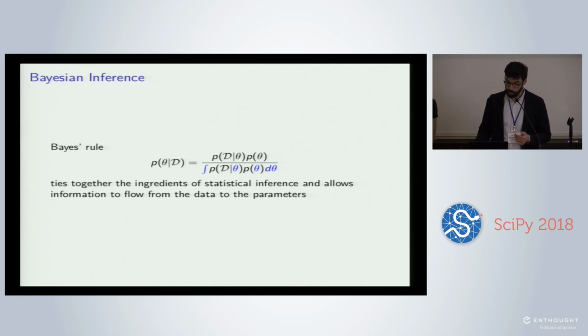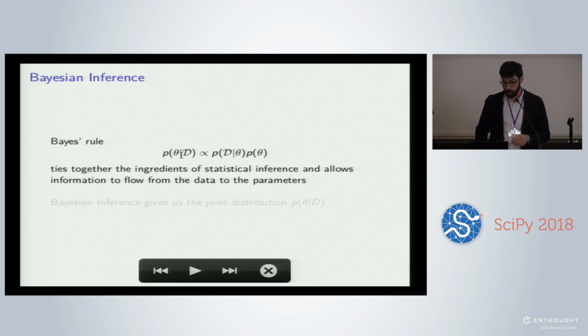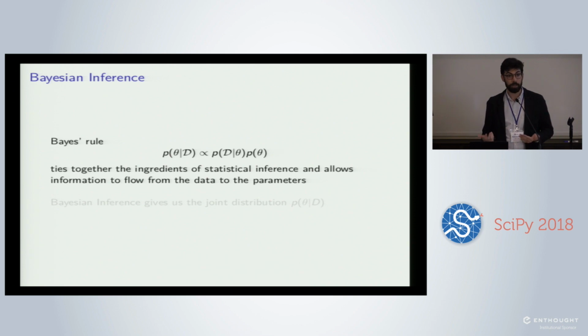So you see, integrate over all the uncertainty on the parameters, this becomes a constant. And when it becomes a constant, we can simplify the formula and use it up to proportionality. That means that the posterior distribution is proportional to the likelihood times the prior. Very simple. And these are the key ingredients of Bayesian inference. And these are the ingredients that you give to the computer for a program to calculate the posterior distribution.